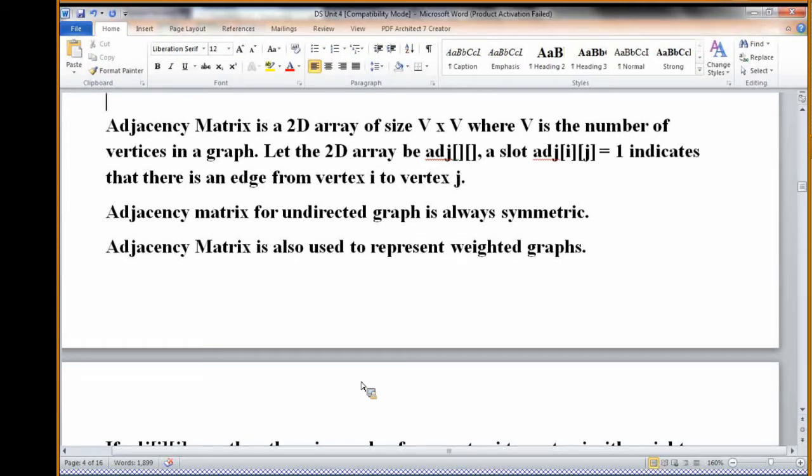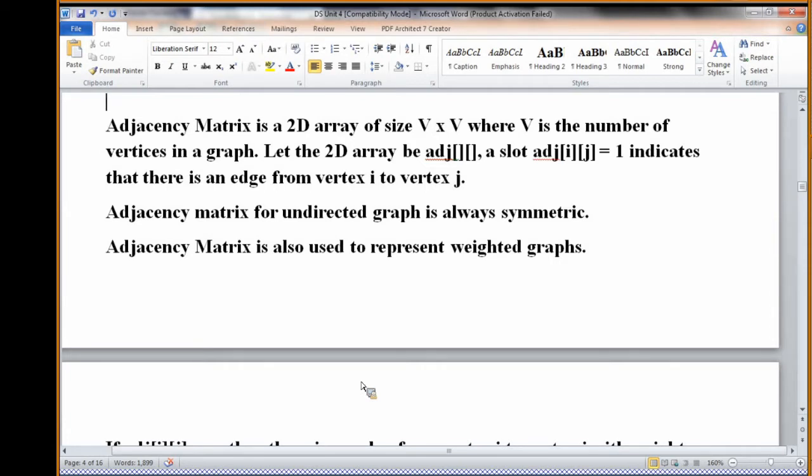So (0,1) indicates 0 is i and 1 is j, the edge formed between vertices i and j. That means 0 to 1. If it is 1 to 4, the edge is formed between vertices 1 and 4. Like that, it is represented in the 2D array adj[i][j].